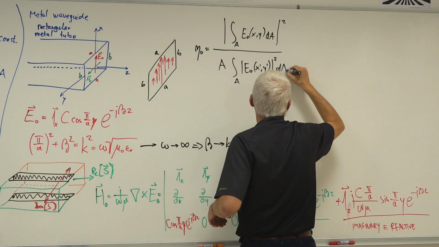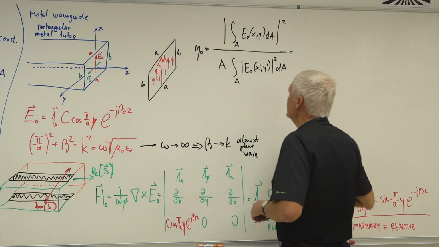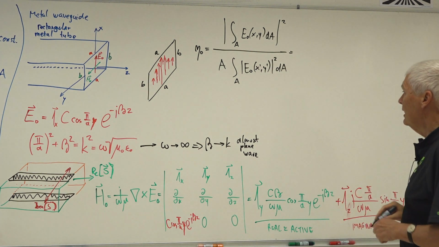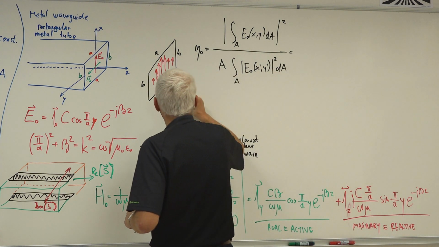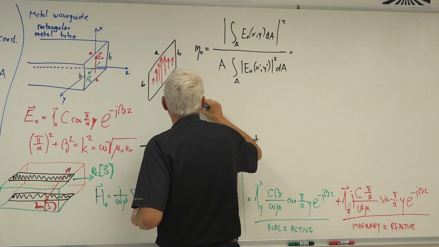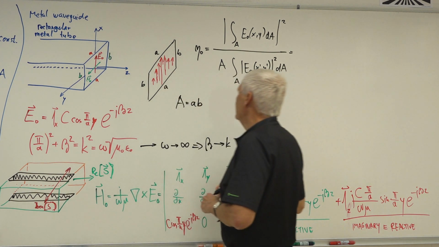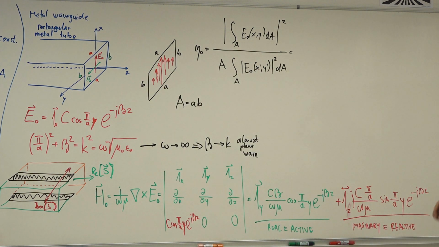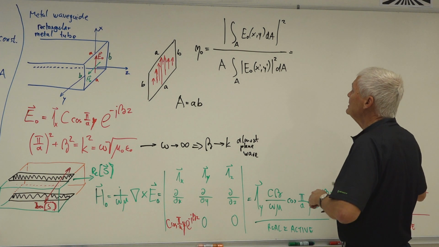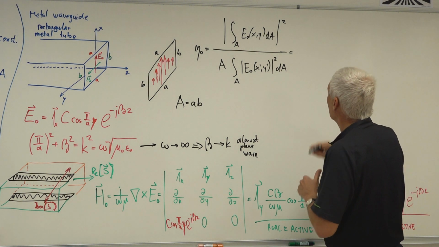Now let's see what happens up here. Our aperture A is of course a times b, without any sign in between, because these are not vectors.